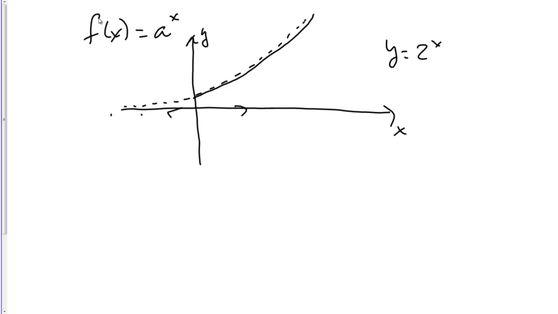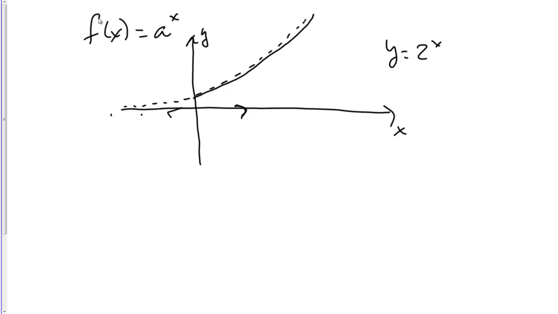We would never quite reach 0 here as x tends to negative infinity, simply because we'd be taking a half of a half of a half, and if we did that, say, with a pizza, we could keep cutting that pizza in half, and every time there would still be just a little smidgen of pizza left. And so it's never going to hit the x-axis as it tends to negative infinity.